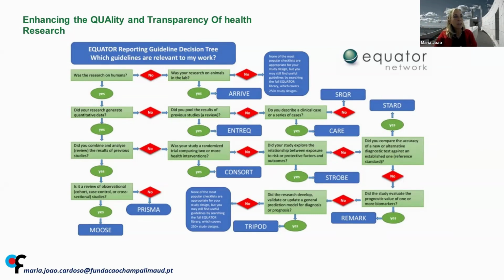And this is very important, and it's very intuitive because you can say your research is on humans or you are going to use animals, and then you have tools that you can use as a standard description for the type of research that you are going to do. And this is very important because we are no longer at the moment where we simply go and have a case description or a cohort study and describe it as we feel is good.